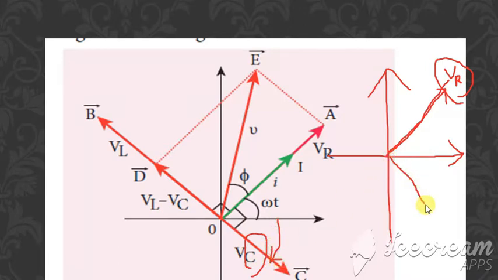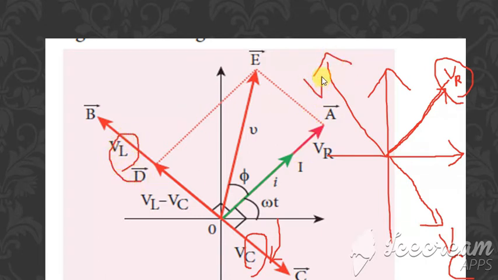Since it is lagging, we bring it to the downward position. So this is VC. And we know that the voltage across L is leading, and so we write it as VL. So this side we have VR, this side VC, and this side VL. That is what is represented here: VR, VC, and VL. Clear?